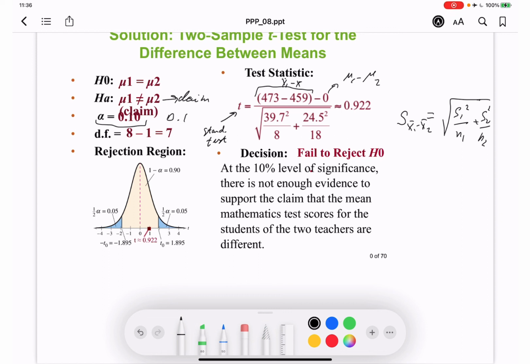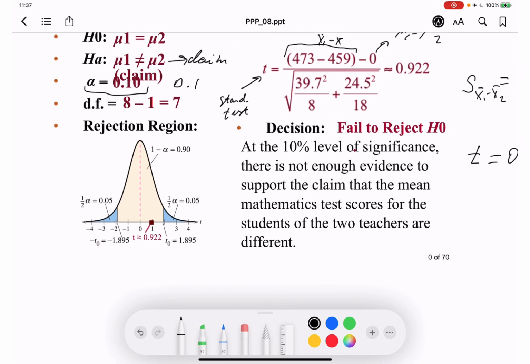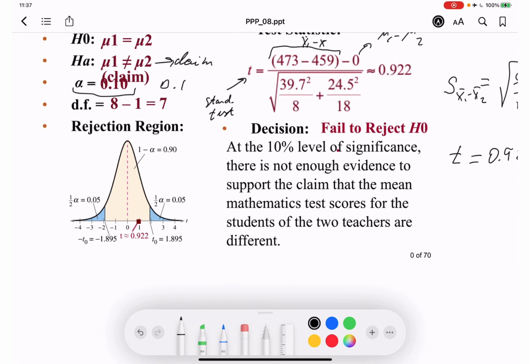So the bottom line is, let's focus on the solution. The t statistic, the standardized test, is equal to 0.922, and our t critical is negative 1.895, positive 1.895.